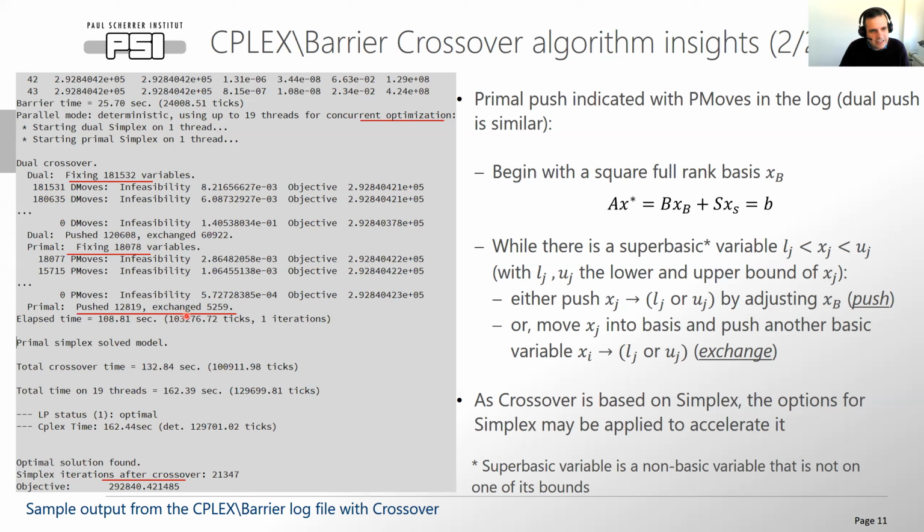That's why we see exchange here. So what we get out of this log is that in the primal push phase, the CPLEX crossover needed to fix 8,000 variables, of which 12,800 of them were pushed to the bounds, and 5,000 of them were exchanged. They moved out of the basis, and another one came into it.